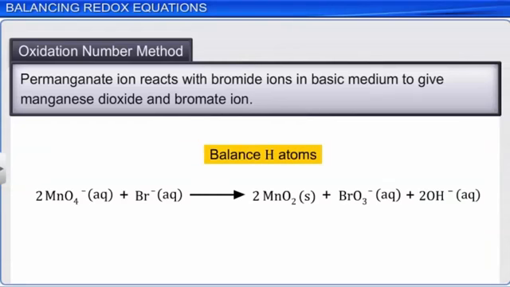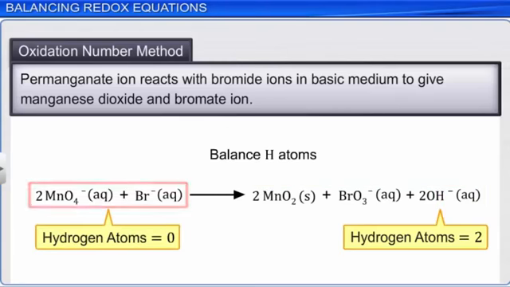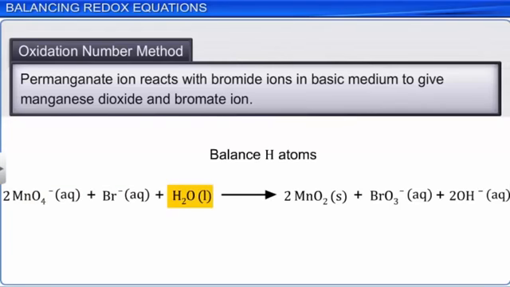This can be done by adding H2O molecules to the reactants or products as applicable. In this case, we have 2 hydrogen atoms on the right-hand side and no hydrogen atoms on the left-hand side. Hence, add 1 water molecule on the left-hand side to balance the hydrogen atoms.